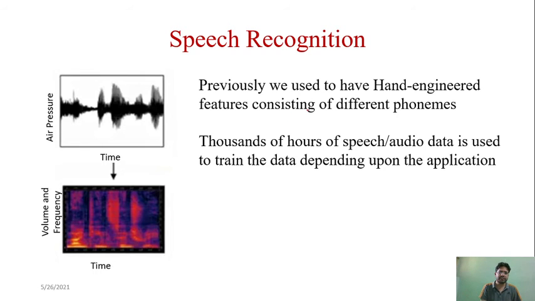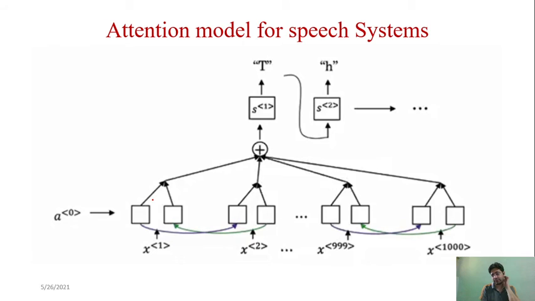In speech recognition, it takes the air pressure and converts it into the frequency domain. Once it converts, it utilizes the attention mechanism. It takes 1000 microseconds of the information and produces one output.